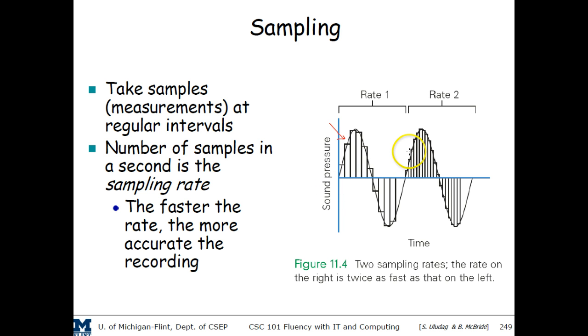If we sample more often, then the amount of information that's outside of the rectangle is much less, as in rate number 2. So as a result, in general, the faster that we do the sampling, the more accurately we can represent the sound wave that we are recording.